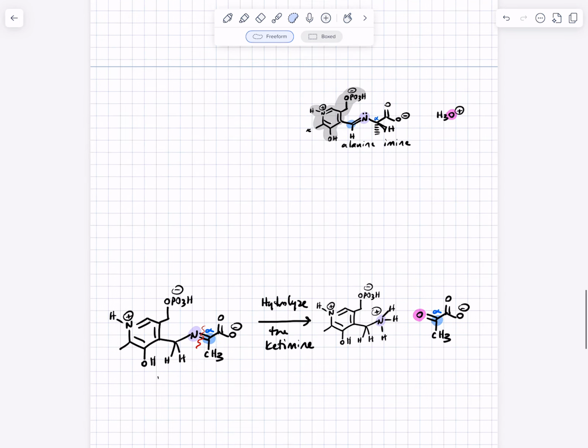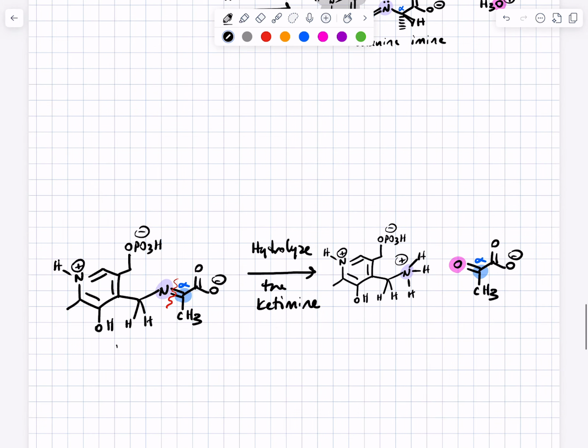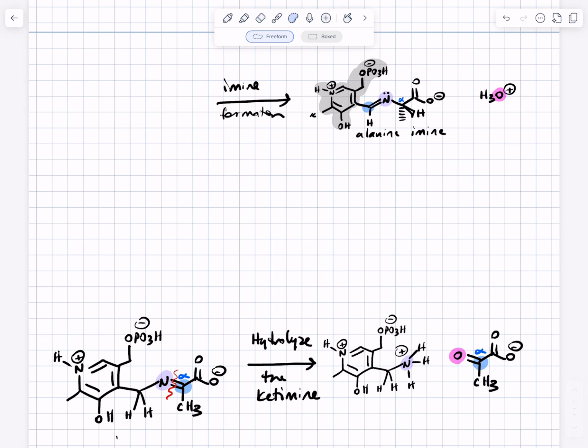So first we make the imine. And the way we make the imine is using the PLP aldehyde.